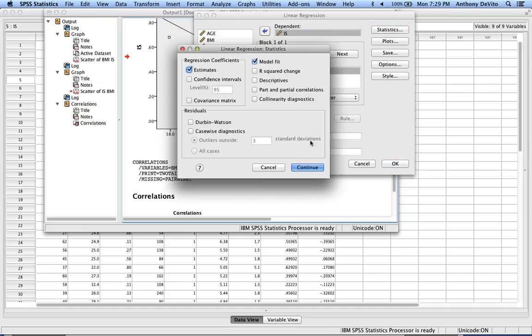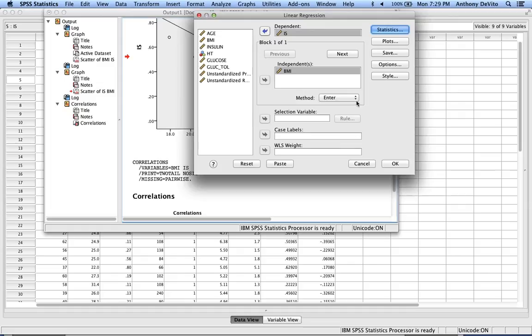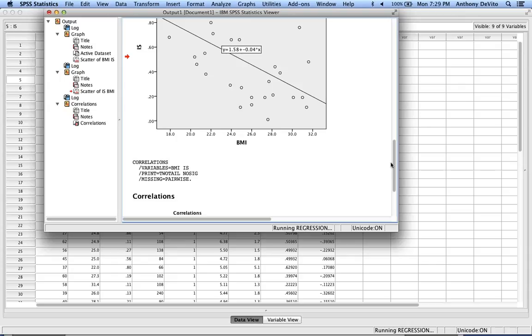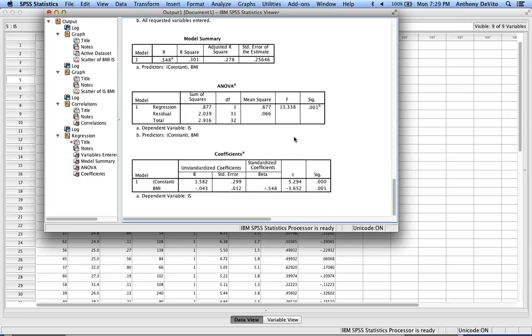If you want, you can go into these buttons and you'll see the values. It's going to give our regression coefficient, and it could do some other values as well, but we're not going to worry about those for now. Plot: I'm not going to bother with plot, we already did a scatter plot. I'm going to click OK. Here are our results. Our significance is less than 0.01 for our regression.